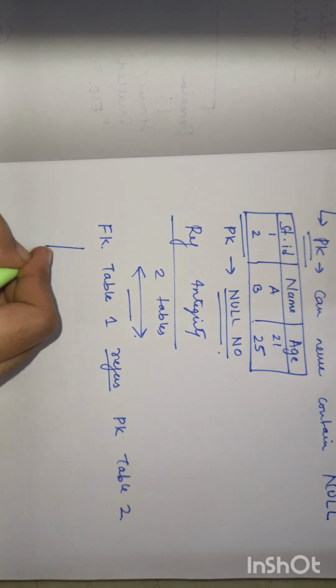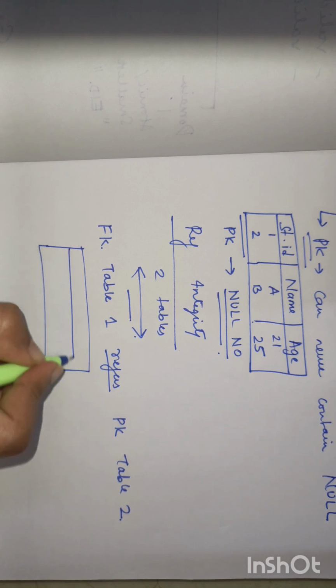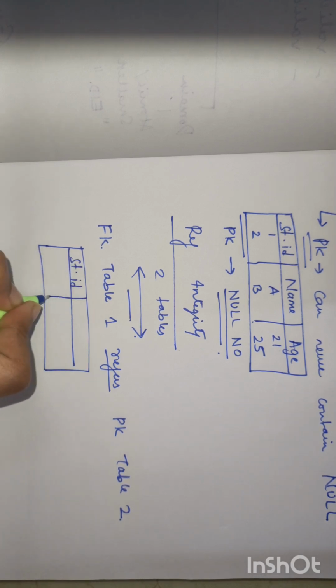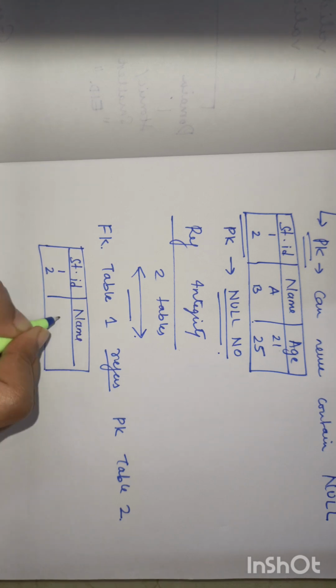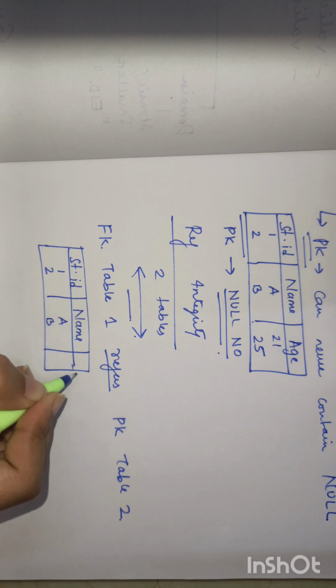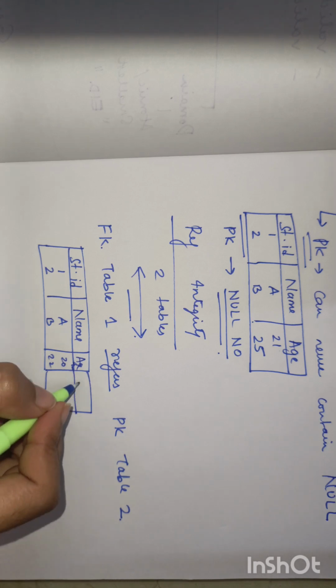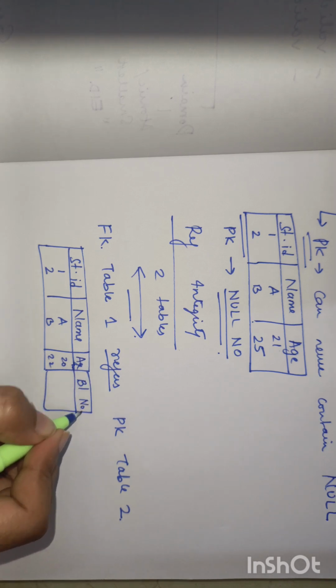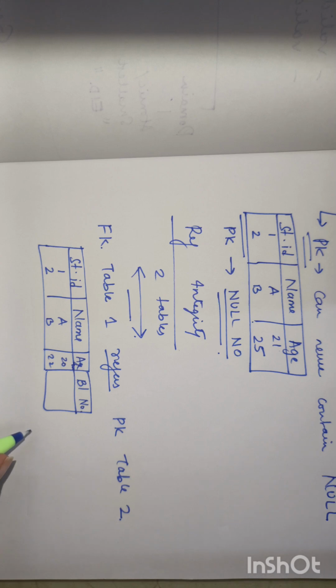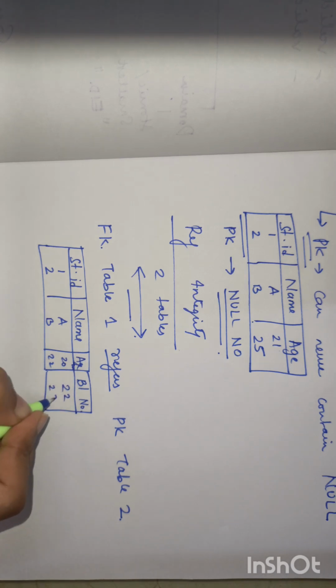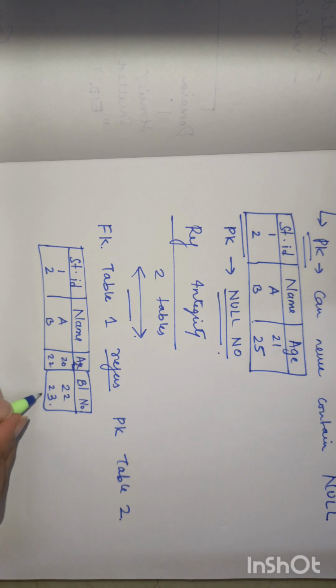So say I have student ID 1 and 2, and the names of the students are A and B, and then I have the ages 20 and 22. Then I'm going to have another column, say block number. Now block number can be 22 and 23. This block number, if used in another table, must contain all of the values.